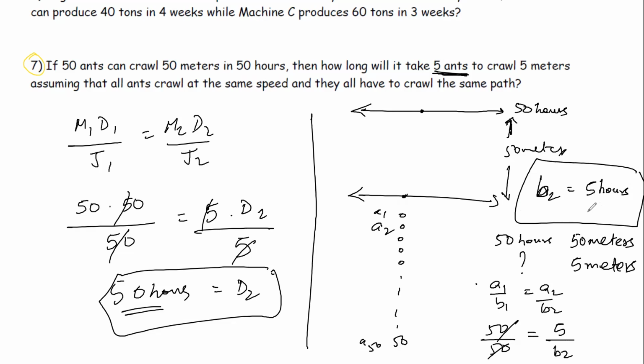So we're not individually adding up each ant's time and making it 25 hours. Even then, it is incorrect because this discrepancy is 50 hours. If you were to individually add up the output of each, even then we are not getting the right answer. But you got to understand, reason out, right? 5 ants to crawl 5 meters will not be 50 hours. It will be 5 hours. I hope you understood this. Let's move on to question 8.